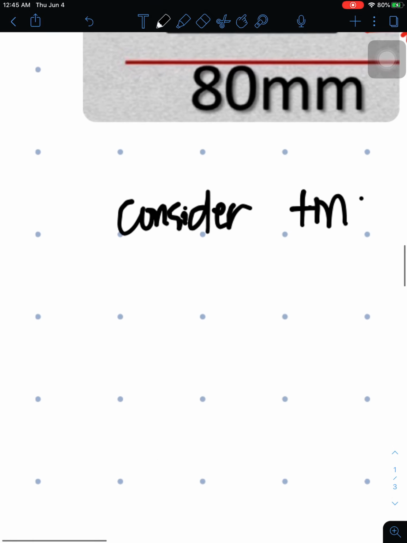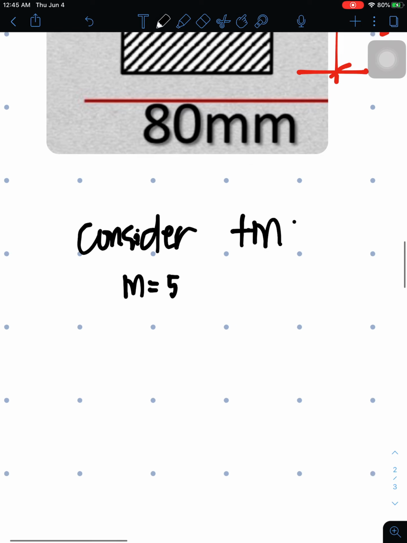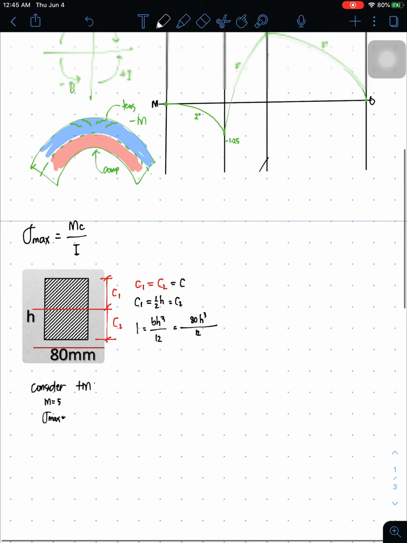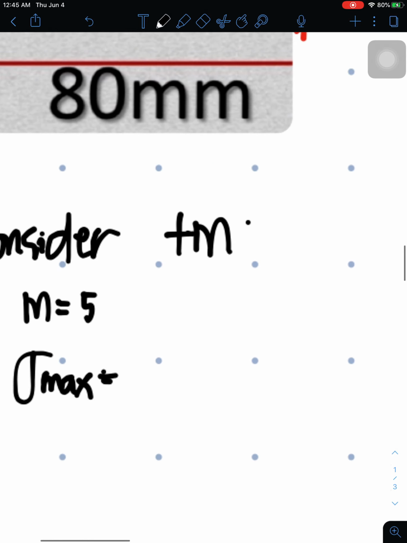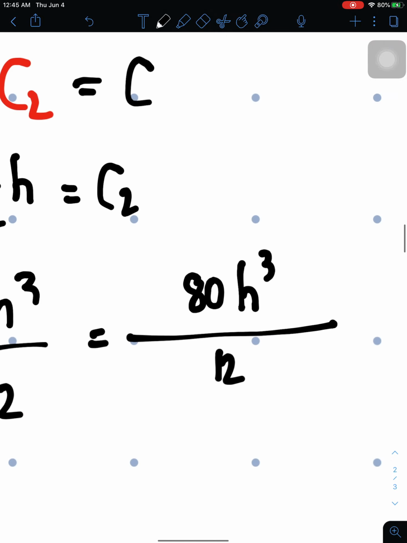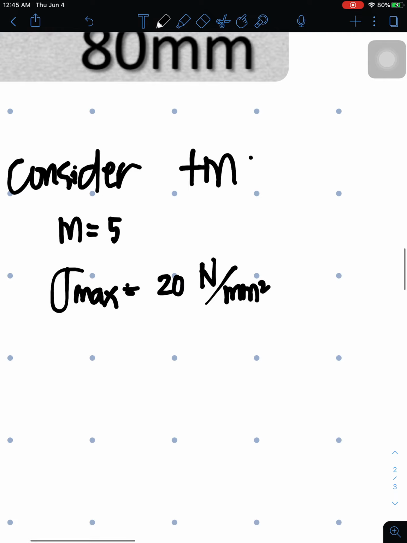So the moment here is 5. And the maximum flexure, as given in the problem, is 20 MPa, or newtons per square millimeter. By the way, do not forget that this 80 here has a unit of mm. So do not forget that.